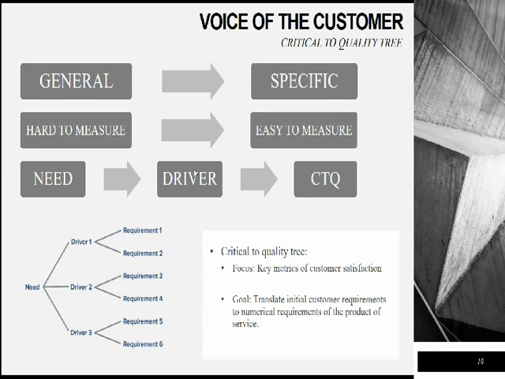The main concept here is that the need is translated into a driver and then it is translated into a requirement or CTQ. On the left side of this screen it is possible to see that the need is translated into three drivers, which is stratified to 2 requirements per driver. This is a simple example here, and just to show how similar to a tree it is.